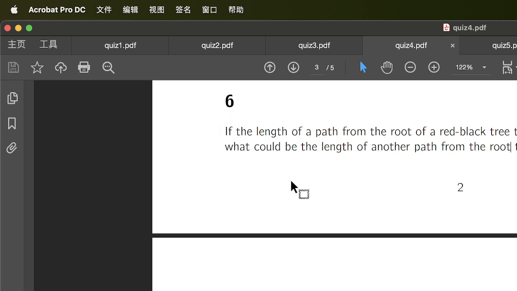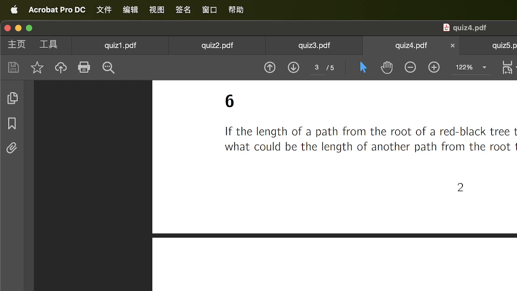So number 6, if the length of a path from the root of a red-black tree to one of the leaf nil nodes is 100, what would be the length of another path from the root to some other nil node? We got the answer 180 because it's compared with 30 and 45. There are other choices, but both 30 and 45 are too small, right?